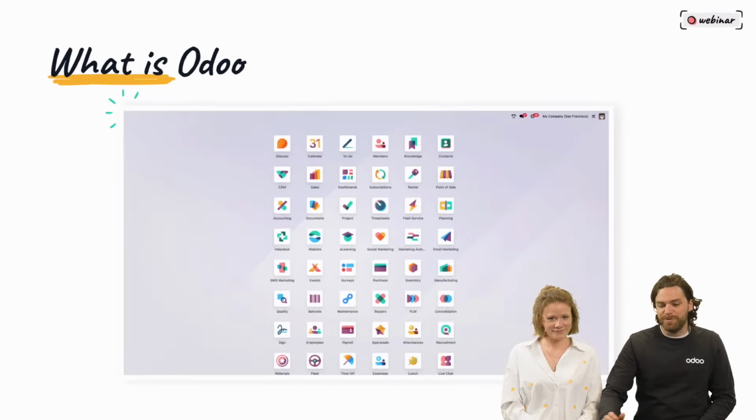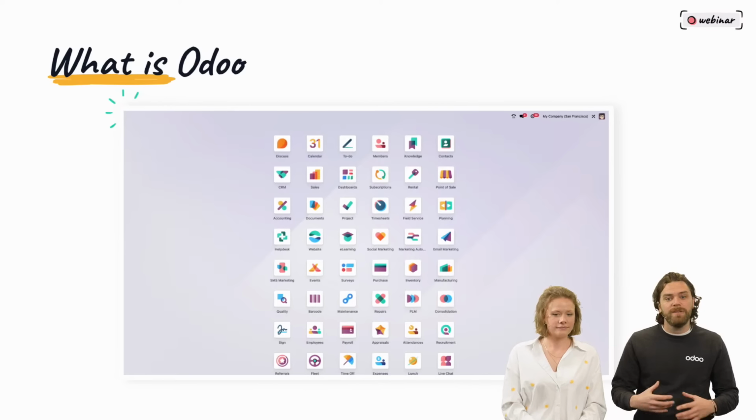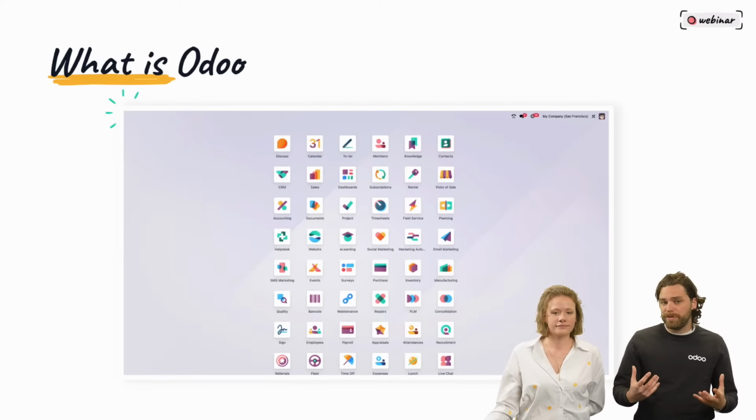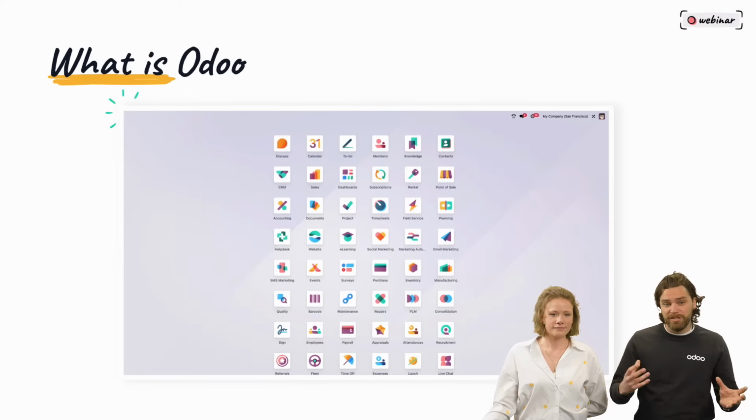Great. So what is Odoo? Odoo is an integrated software with a lot of applications. We have more than 80 applications here. We will focus on the applications regarding the gardening industry. The main objective of Odoo is evolving with your needs as well.